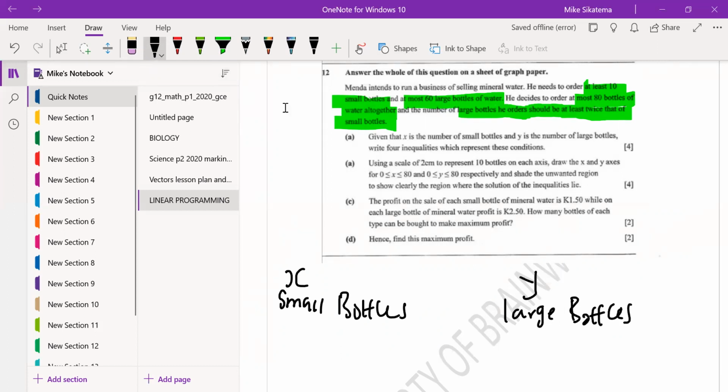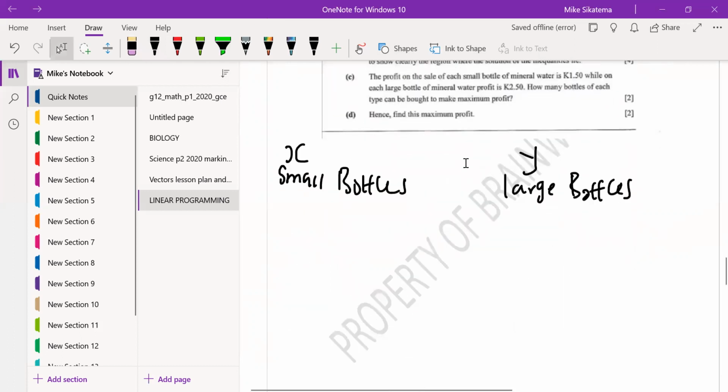Once again, the first inequality says he needs to order at least 10 small bottles. So X should be greater or equal to 10.